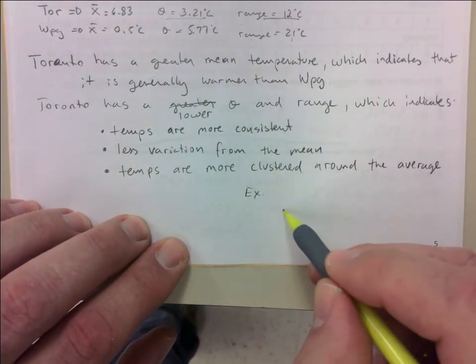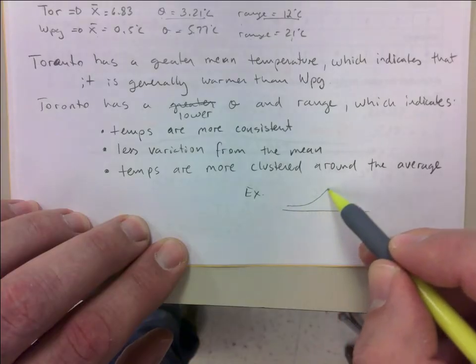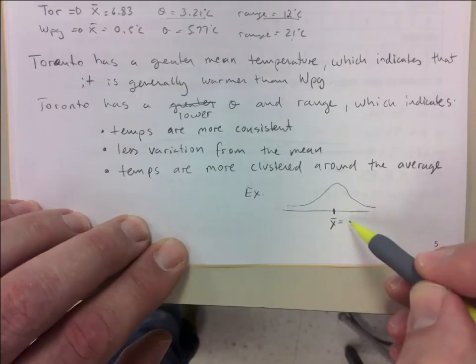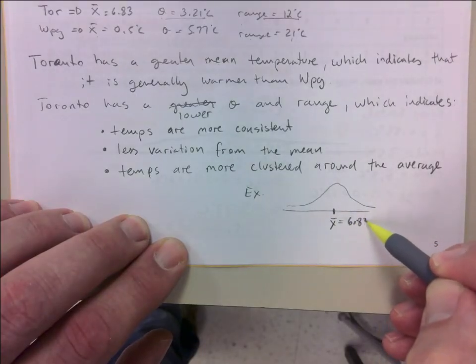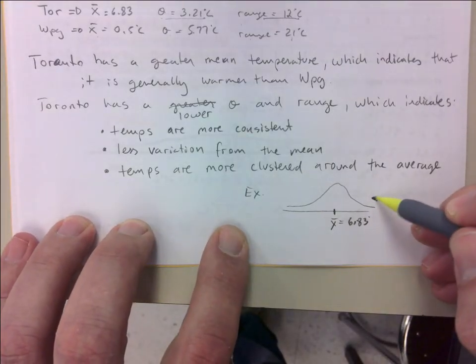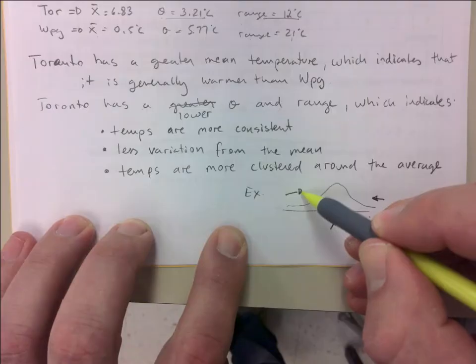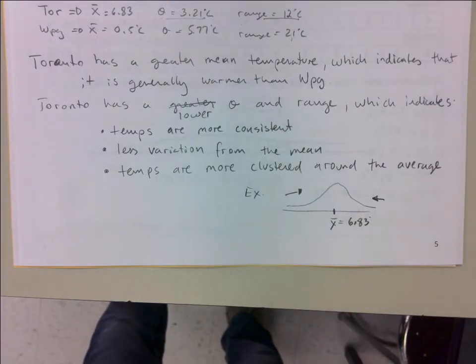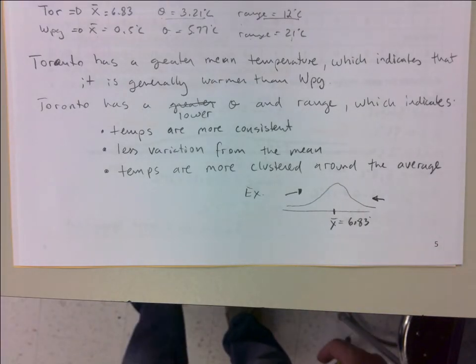Example, okay, where my mean is 6.83. Okay, so everything is a bit more compressed. That's how you do it. Okay?